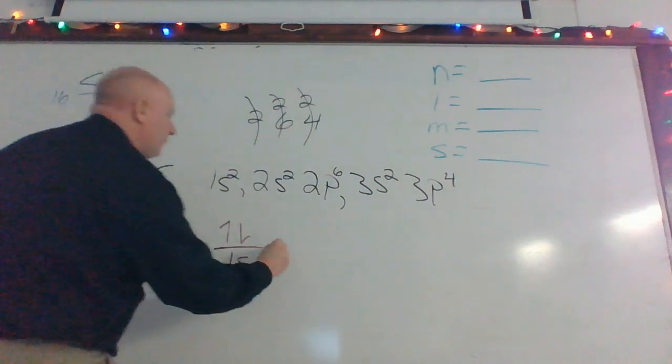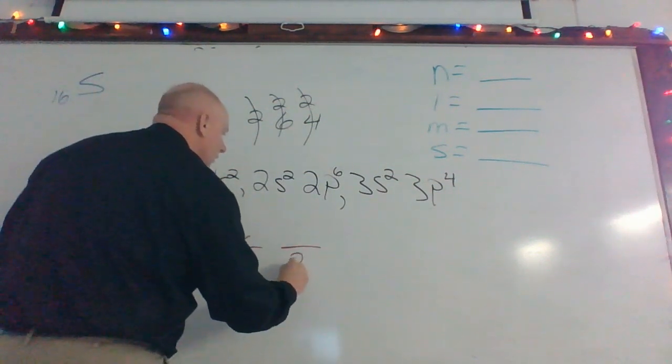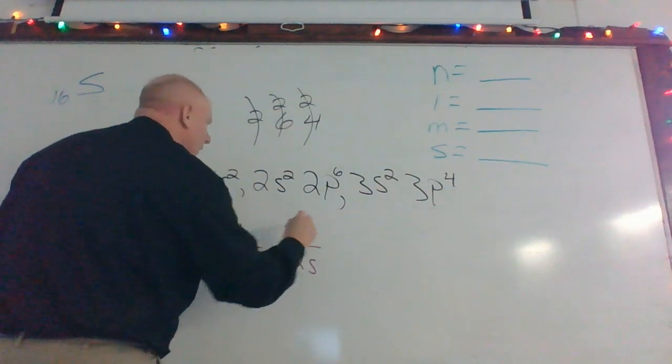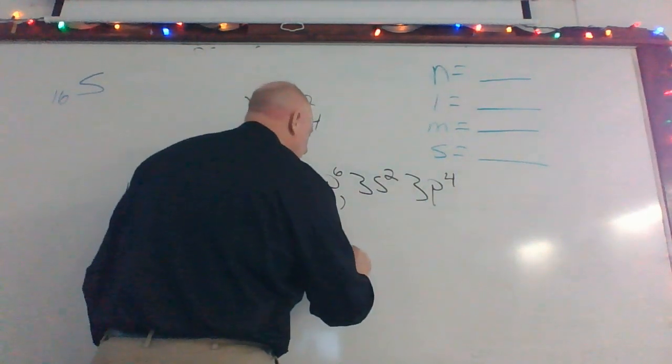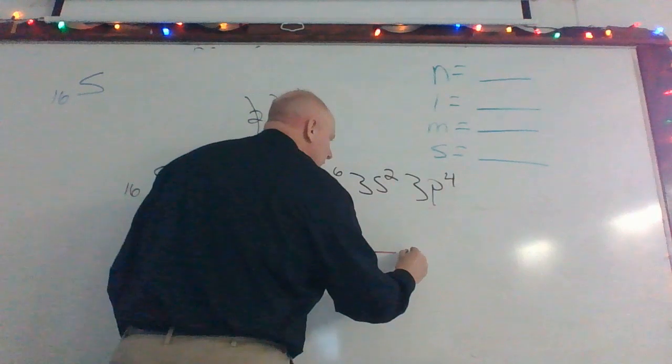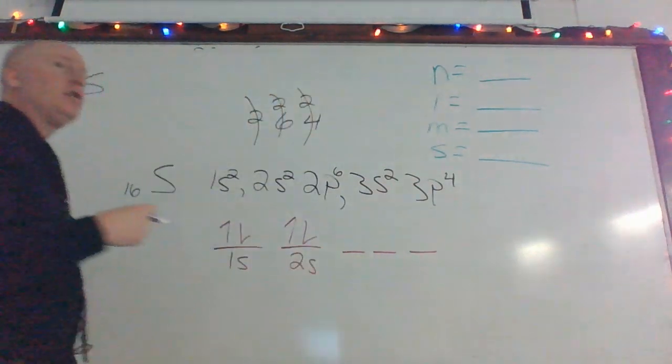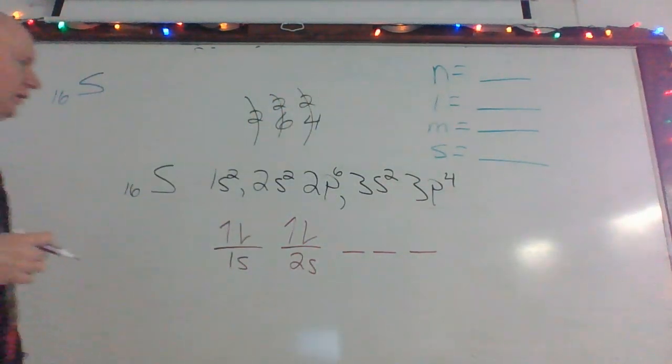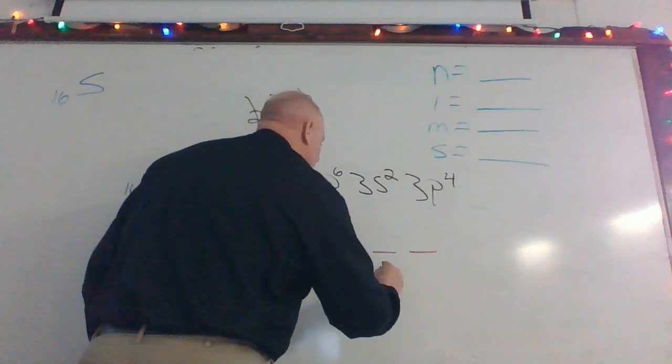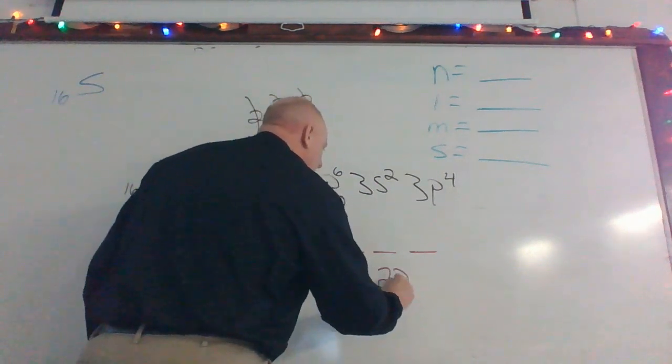1s, 1 and 2. There they are, 2s, up, down, 2p. Remember, that can hold 6. Each one of these horizontal lines can only hold 2 electrons. So therefore, we put 2p here.